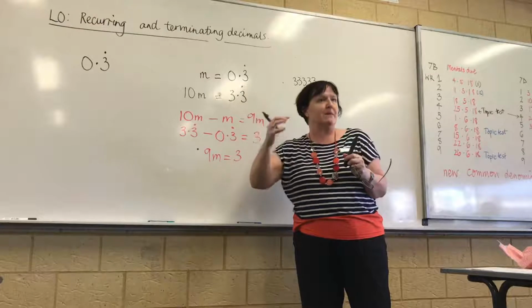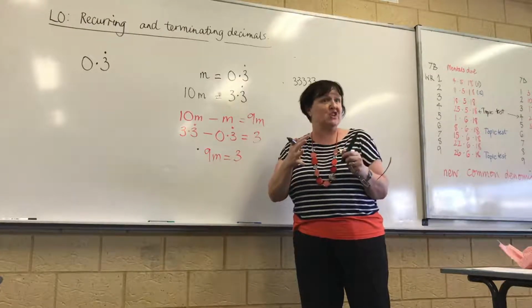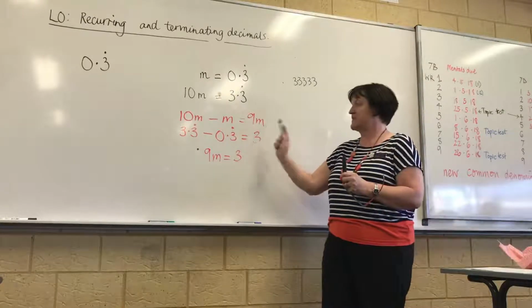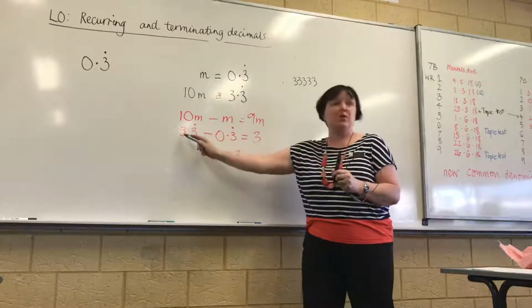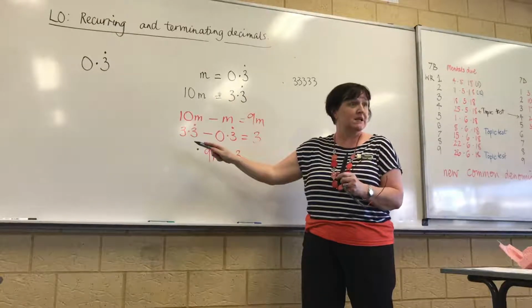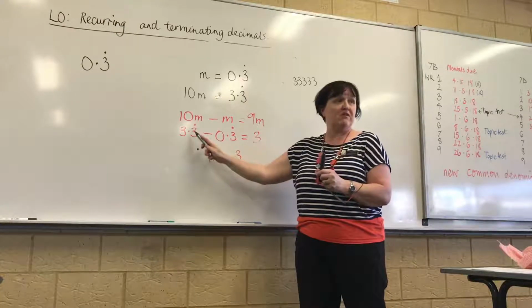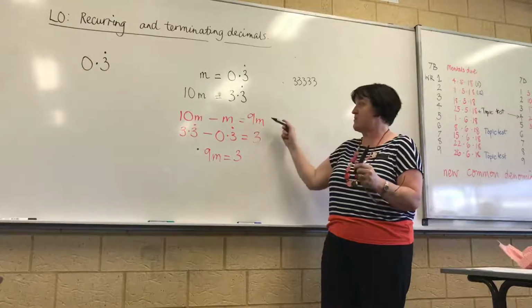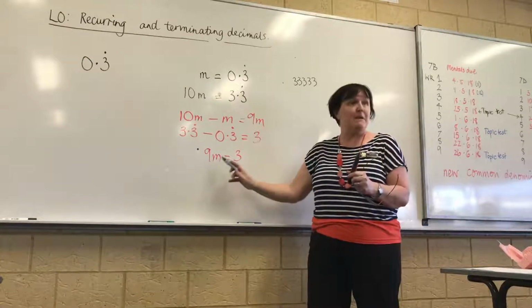We need to make it an integer. So we do 10m take m, which leaves us with 9m, and if you substitute those values into it, 10m is 3.3 recurring, m is 0.3 recurring, so our answer is 3. So therefore, 9m equals 3.